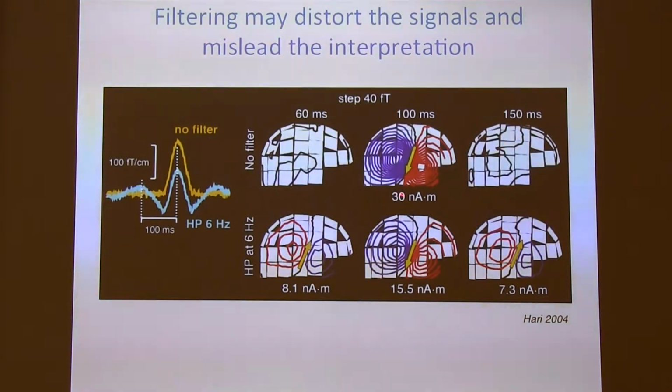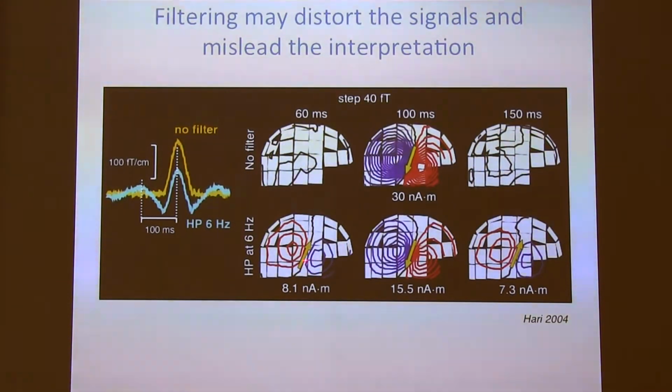This is a simulation again about auditory responses in the auditory cortex. This is the field pattern, and this is the original time course given to it with no filter, just a monophasic response. But then when we high pass it very heavily, here in this case at 6 hertz, which is of course too much for any reasons, we see, as expected, extra transients on both sides.